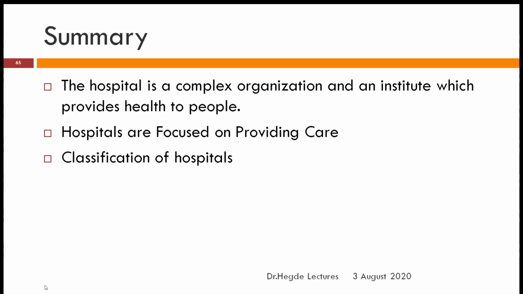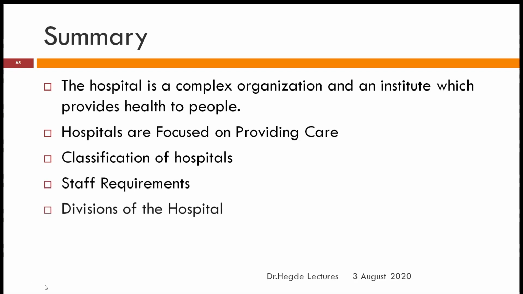And other types of classification, how hospitals are classified into different categories. We have seen the government classification, the ownership or control basis of classification, the classification based on different systems of medicines, isn't it? And again, we have seen the different staff requirements for the hospital to run efficiently.